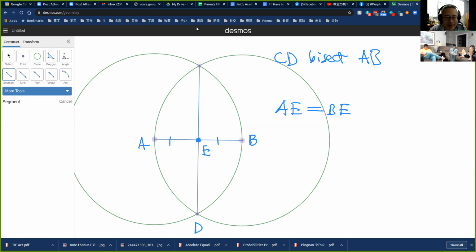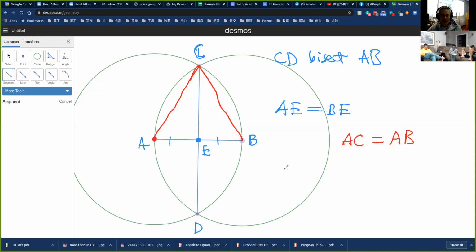Of course, we have to prove it. So how do we prove that? Same thing, we're going to use triangle congruency. So first of all, we notice AC is congruent to AB, right? Because that's the same circle. And when you have the same circle, any point on the circle to the center is always the same, which is a radius.